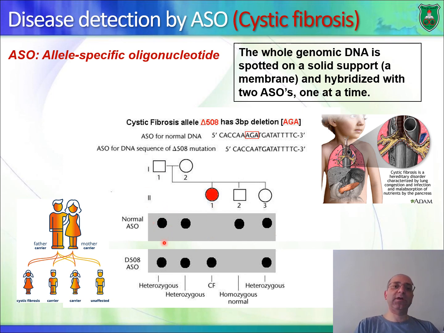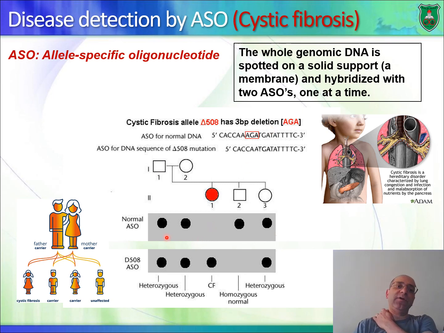For this membrane right here, the normal allele-specific oligonucleotide, the probe that detects the normal allele, was added. And for this piece of membrane, the other probe that detects the mutation or the deletion was added.